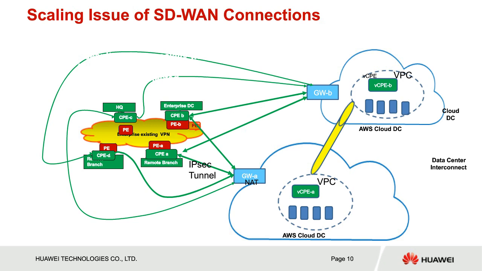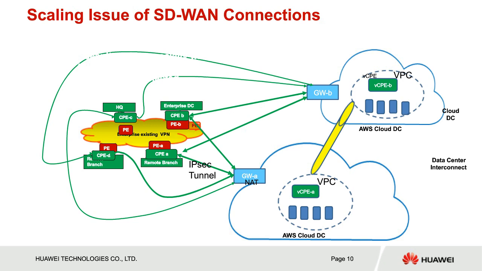Also, you have to pay for each connection. And within the AWS virtual router itself, it doesn't support L2 multicast, so some protocols may be limited. For example, some of the IGPs, proxy ARP, and BFD, all those using layer 2 multicast, may be impacted.